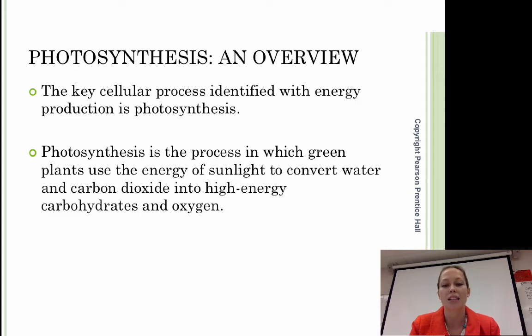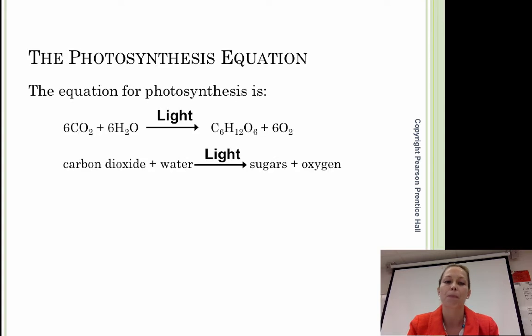Photosynthesis is the process in which green plants use the energy of sunlight to convert water and carbon dioxide into high energy carbohydrates and oxygen. And those high energy carbohydrates are glucose, so make sure you write that down as well.